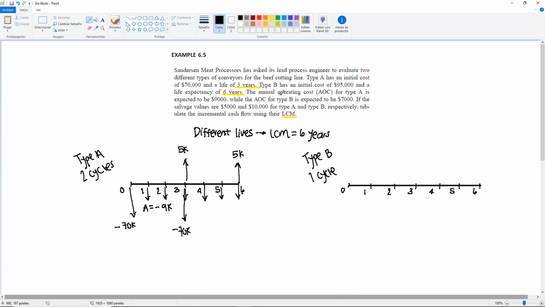The initial cost is going to be minus 95,000. We have an annual operating cost of 7,000, and we have a salvage value of 10,000.